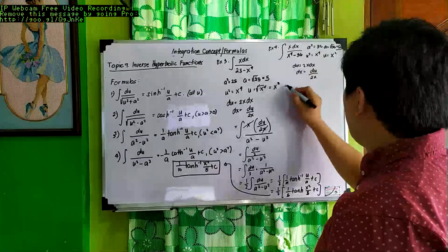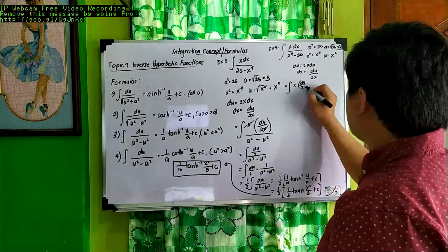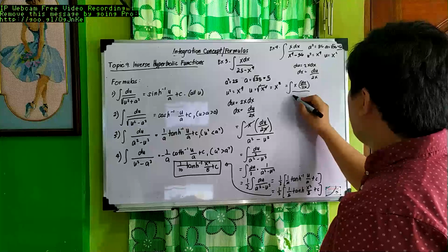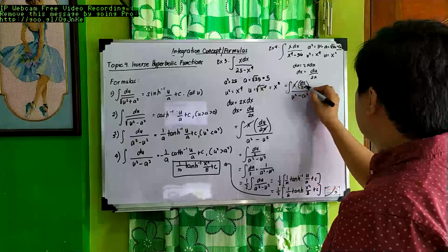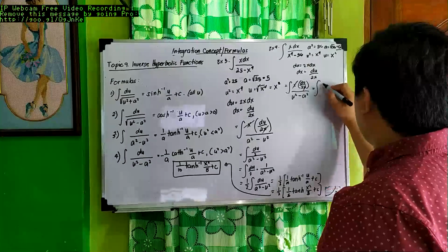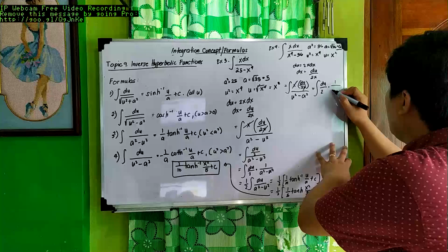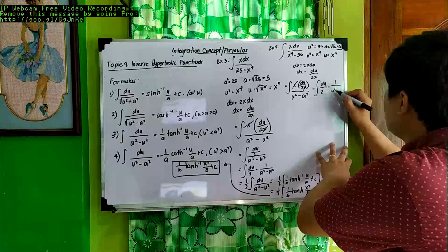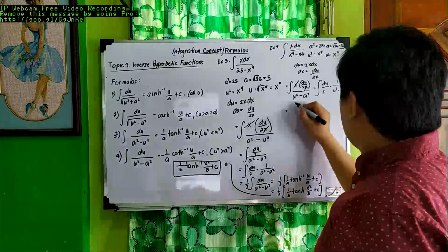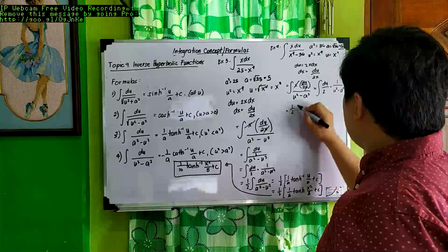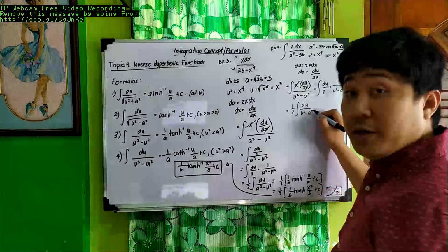Substitute it to the given, you will have an integral of x times du over 2x, over u squared minus a squared. Cancel this one, and you'll have an integral of du over 2 times 1 over u squared minus a squared, right? So move the constant outside the integral sign, so you'll have du over u squared minus a squared.